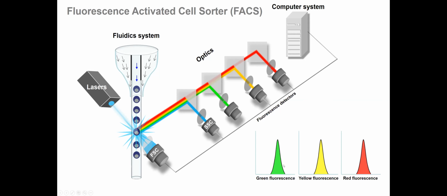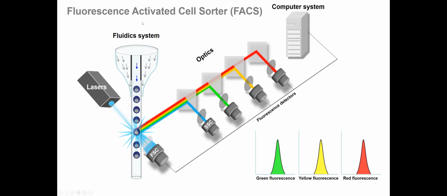Now, if you label CD4 antibody with a green color, CD8 antibody with yellow color, and CD19 with the red color, then you can discriminate different kinds of cells by antibody signals. This kind of antibody and also fluorescently activated one is called FACS.